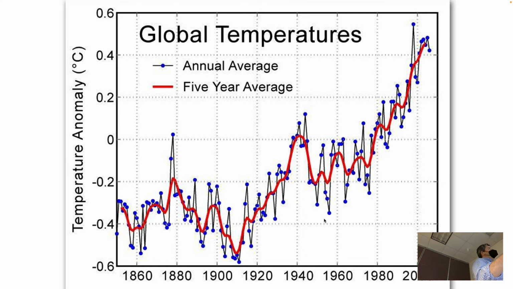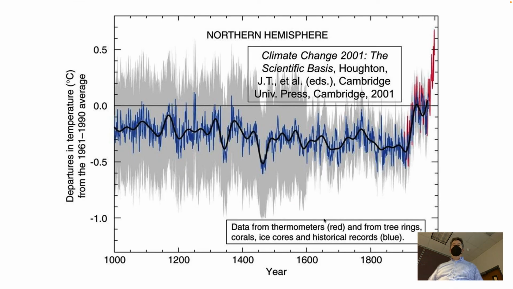But for the last 100 years, the general pattern has been upward, and upward at a rate that wasn't really observed historically. When we go back and we look at other records of temperature, things like tree rings, ice cores, corals, we can reconstruct global temperature, and we see that it went up and down.